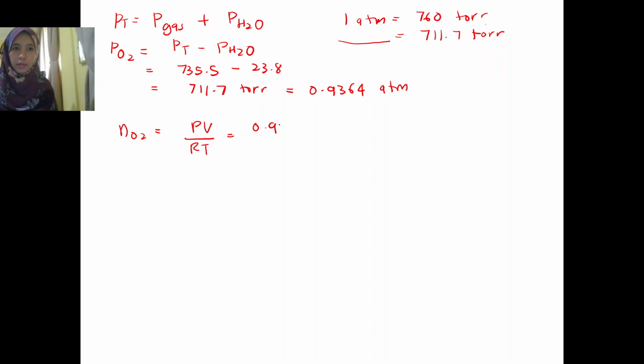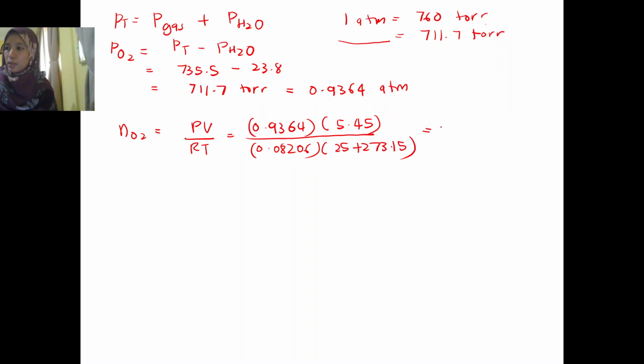So pressure for oxygen times volume given, R gas constant 0.08206, and temperature is 25 plus 273.15. So finally we get mole 0.2086 mole.